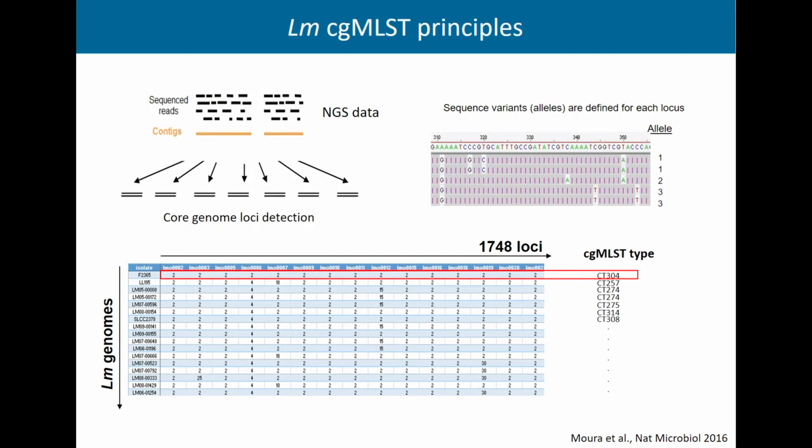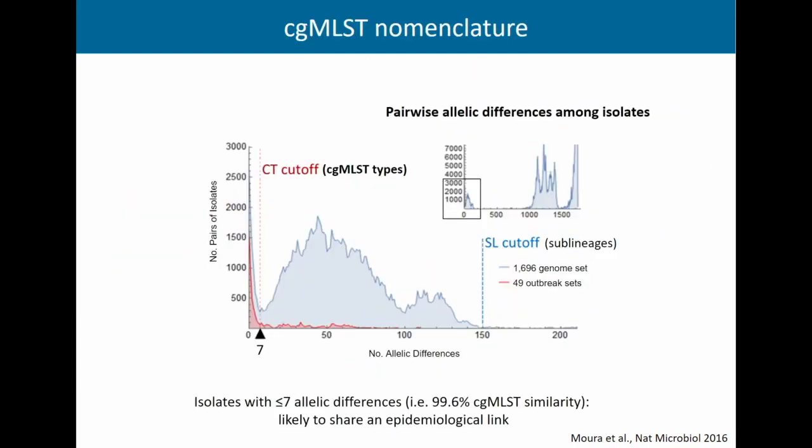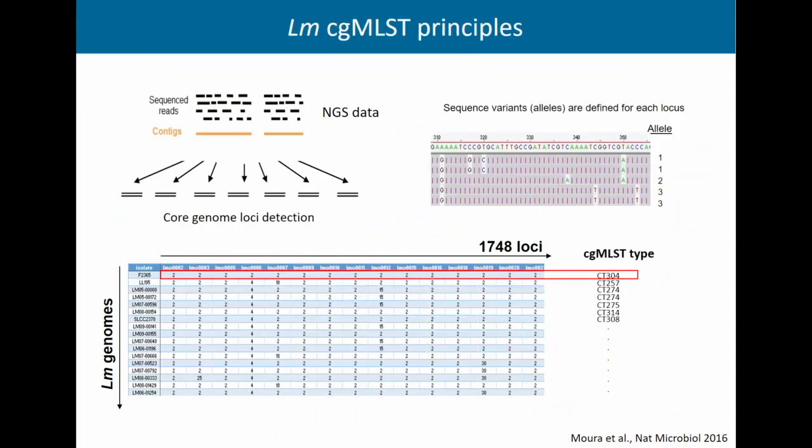So what you can do now is to use the same type of typing technique I told you about, this MLST, except that rather than focusing on 7 genes, you can focus on the core genome. You will sequence with next generation sequencing the genome of each strain. You will assemble them to make contigs, but you don't need to have a full and closed genome.